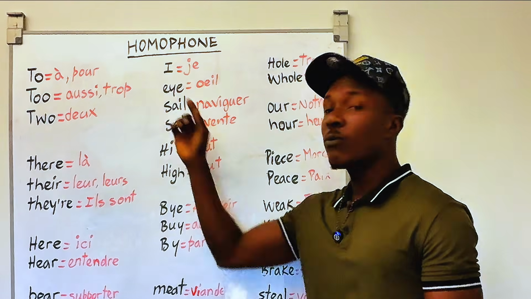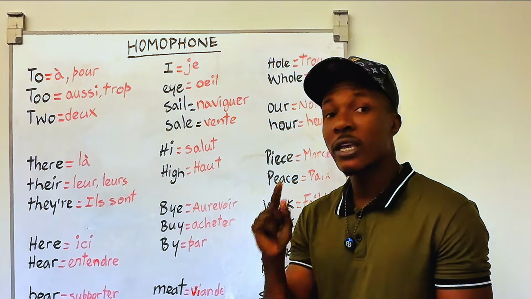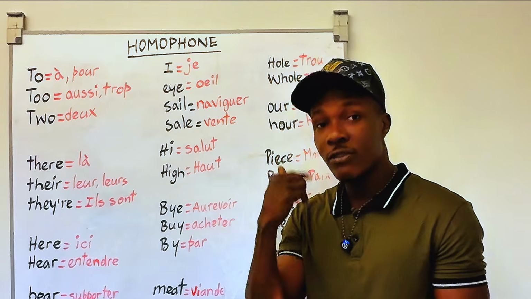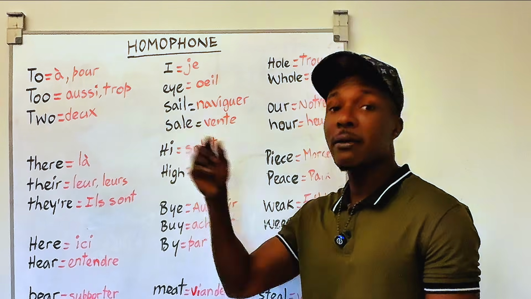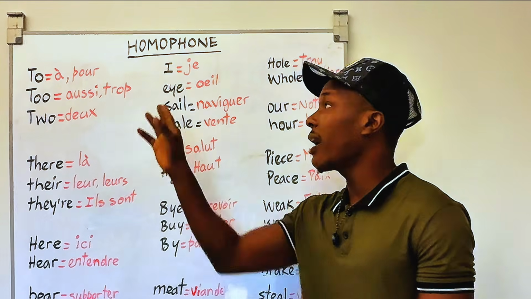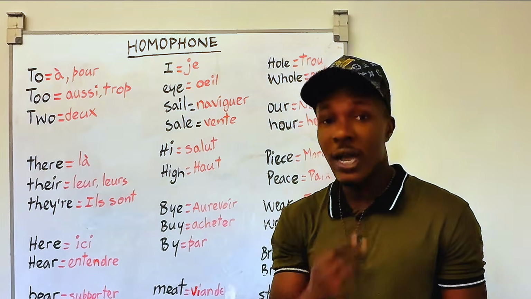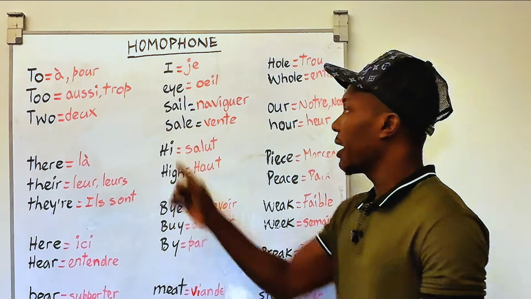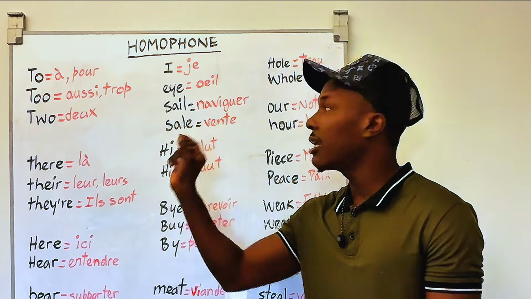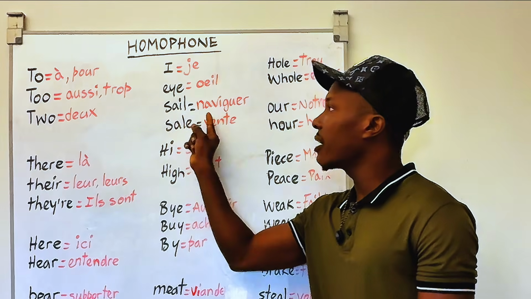The other one is "eye," which means yeux, part of the human body. So you say my eye, and the plural form, you say two eyes. See? Pretty good. And then we have sail.